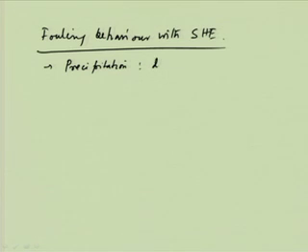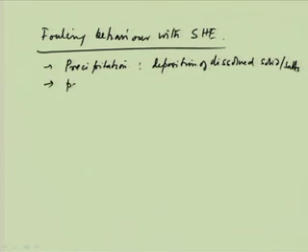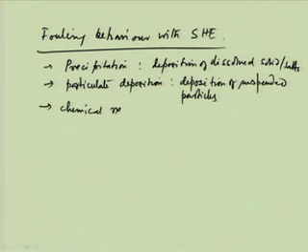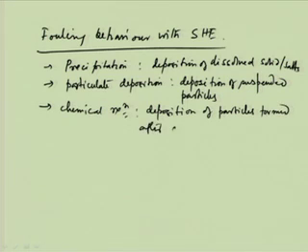Thus, fouling behavior, this fouling can be due to precipitation, that is deposition of dissolved solids or salts, then particulate deposition, deposition of suspended particles, then chemical reaction, that means deposition of particles formed after chemical reaction of materials in the fluid.